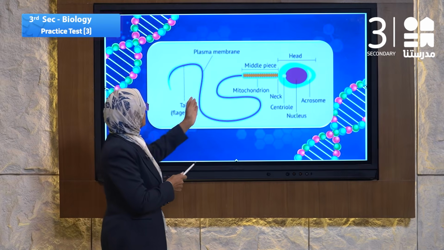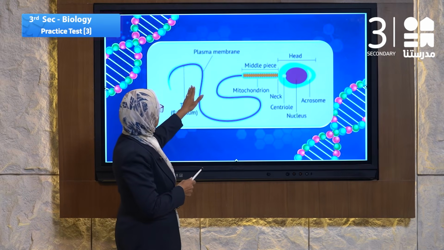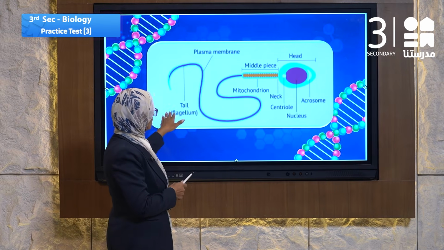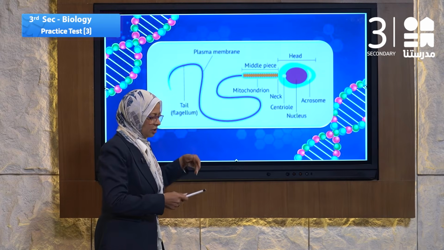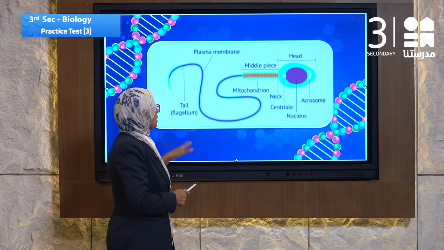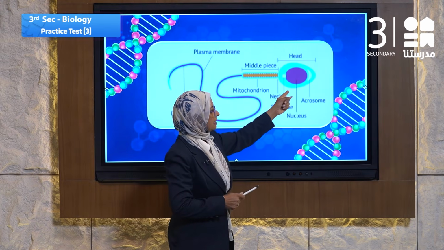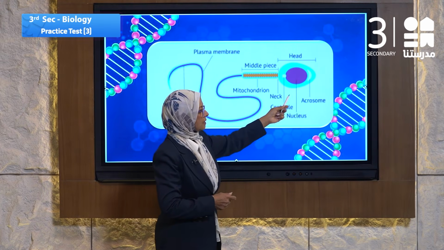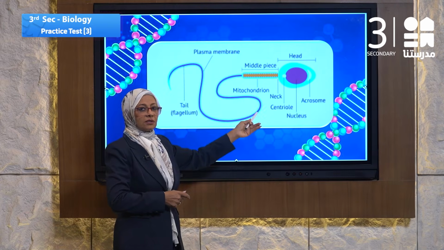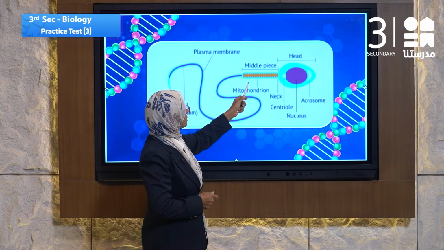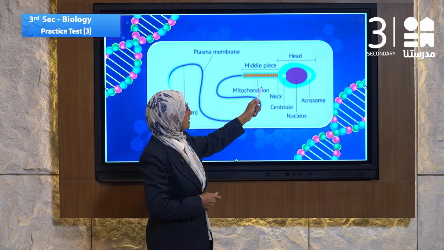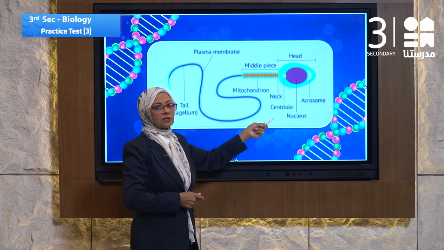And the other part is the tail, which contains a special structure, the flagellum. So we have two DNAs. The first DNA is found inside the nucleus and is eukaryotic, and the other is in the mitochondria as prokaryotes.